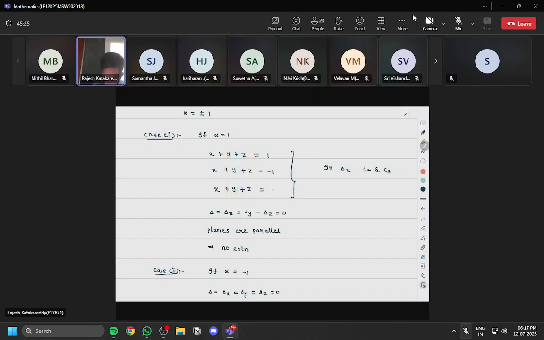See, in del y, you will get C1 and C3 identical, because 1, 1, 1, again 1, 1, 1. In del z, you will get C1 and C2 as identical. You can notice that clearly in this. Do you need further explanation here? No, sir. Thank you.